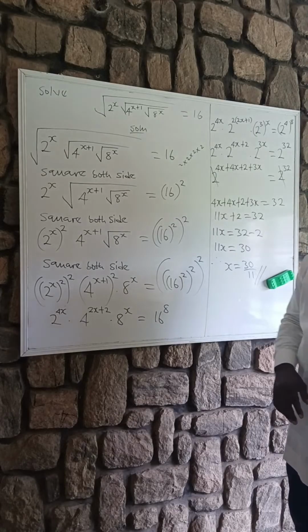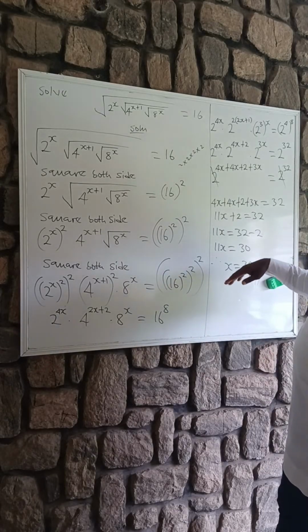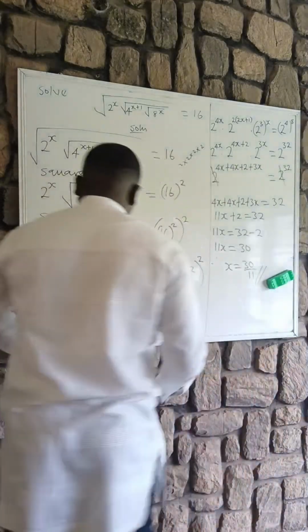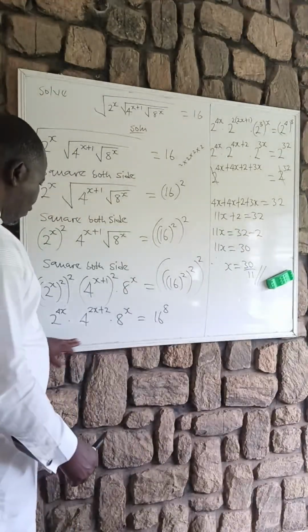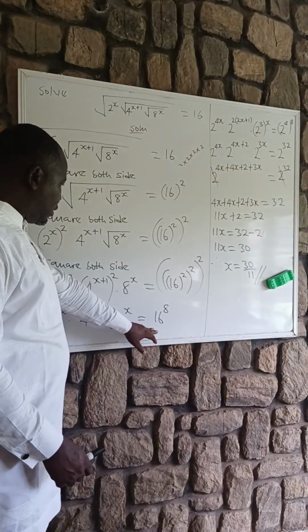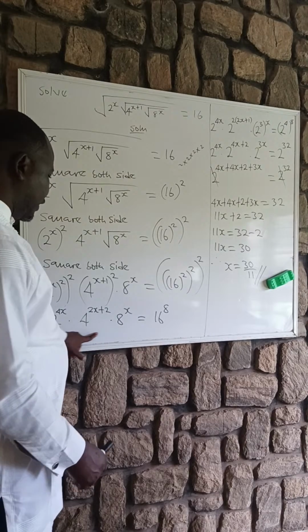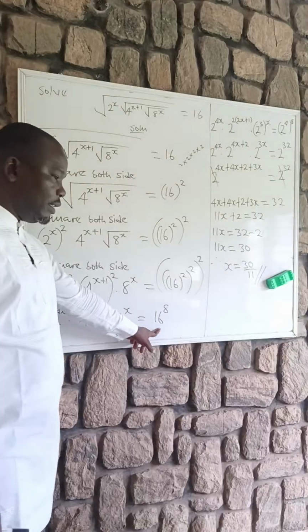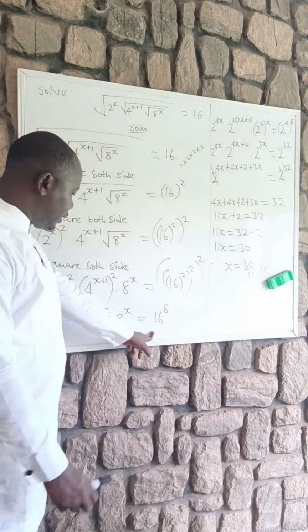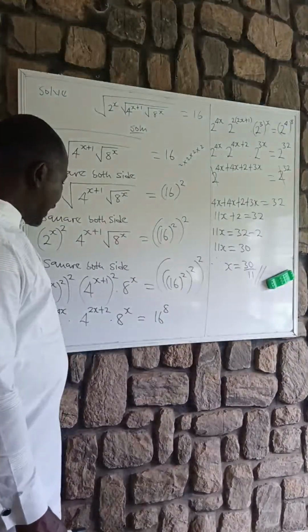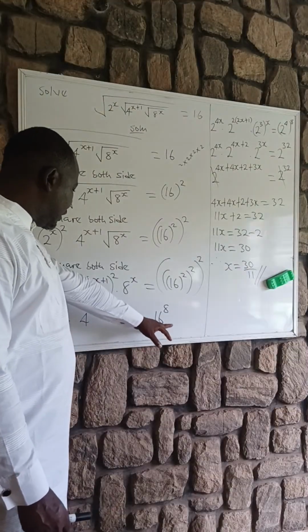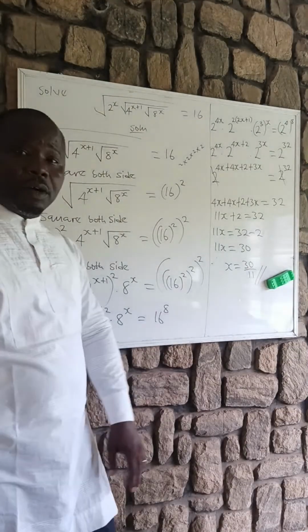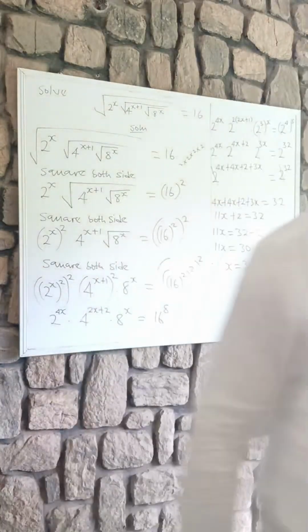Please, is it the last line of this part? I want you to identify it so that I can get it easily. Is it the line of 16 raised to the power 8, or where? Please, I want to learn from you.